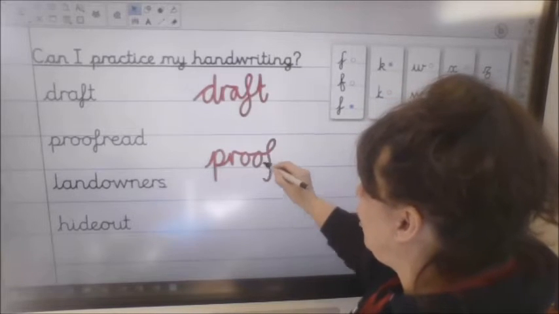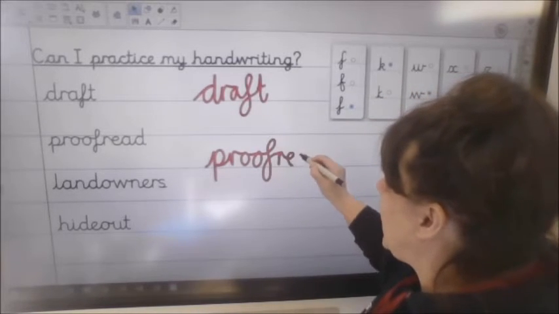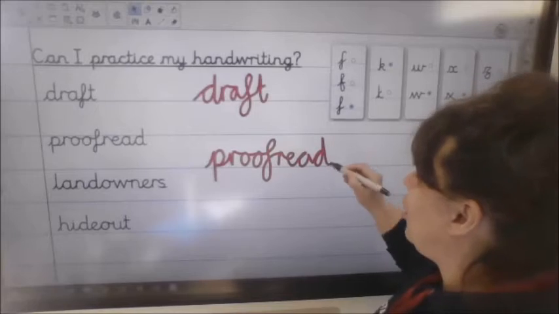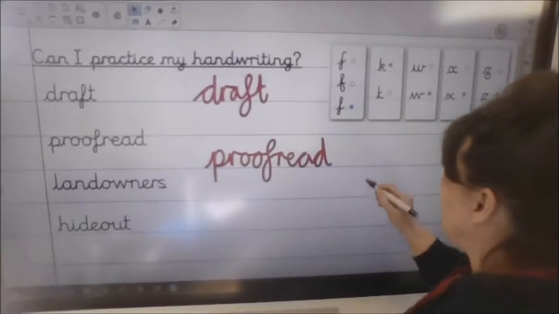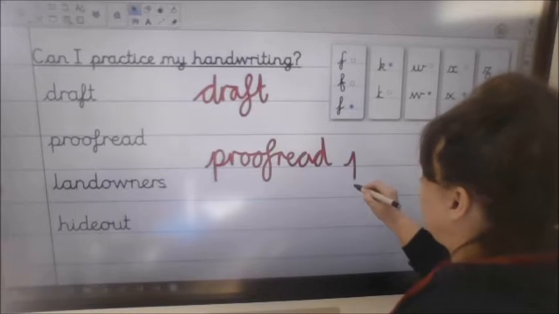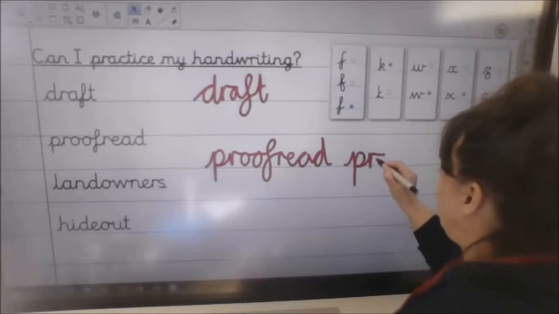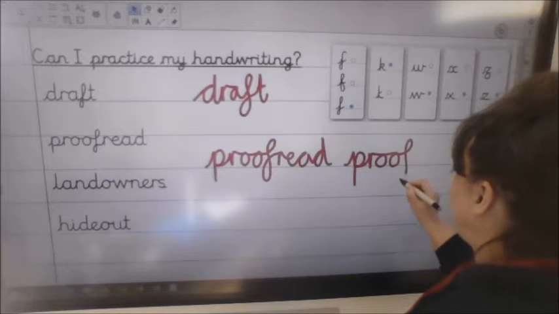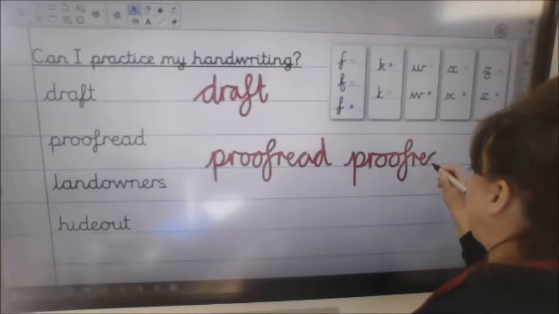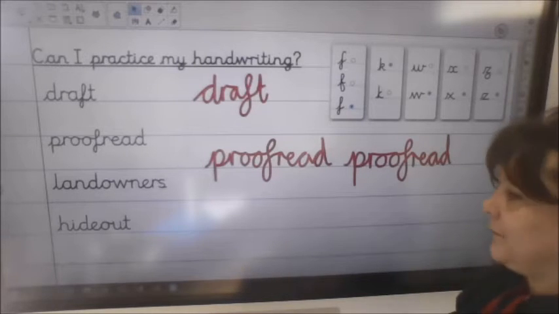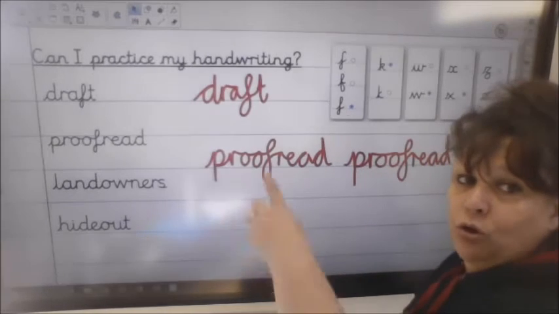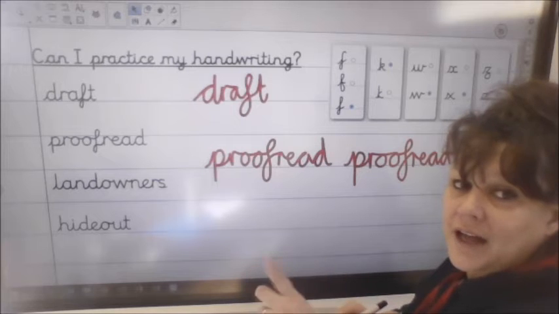Two O's, then into my F, then into my R, E, A, D. Okay, so we'll do that again. My P sits on the line, into my R, double O, into my F, R, E, A, and then my D.